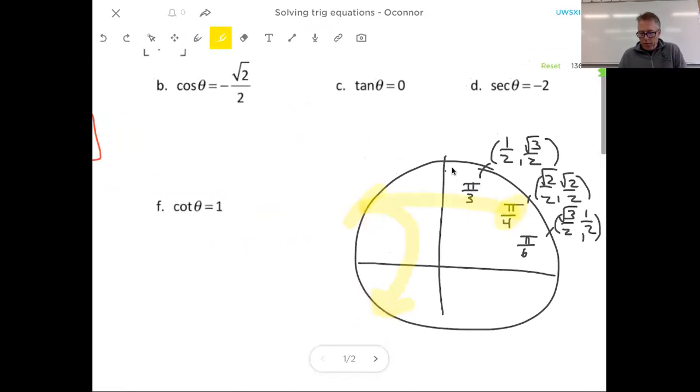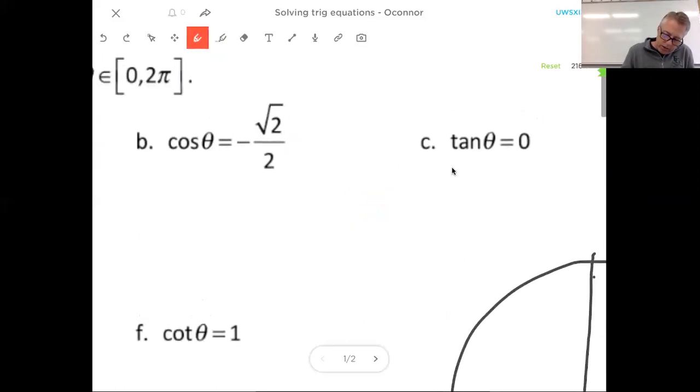So if I know that pi over 4 is my reference angle, then 3 pi over 4 and 5 pi over 4 are my two solutions, because that's where the cosine, which is the x value, is negative. So theta is equal to 3 pi over 4 and 5 pi over 4.